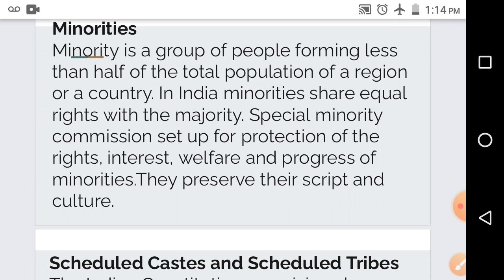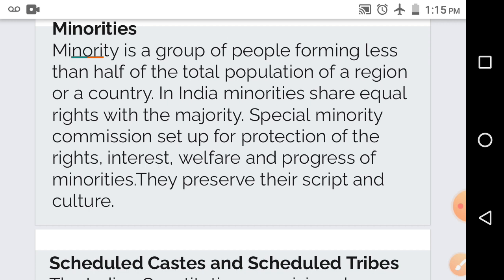Just as at the national level, local and regional minorities are taken into account at the state level also. That is why the concept of minority at the national level differs from that at the state level. If a community is in a majority in a region or in a state's total population, it can be in a minority at the national level.